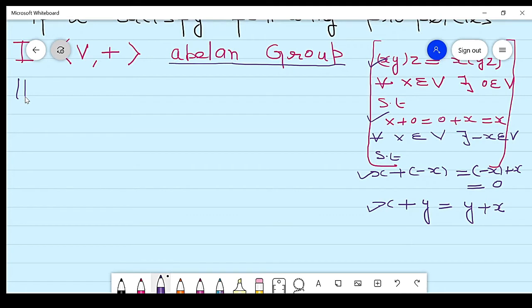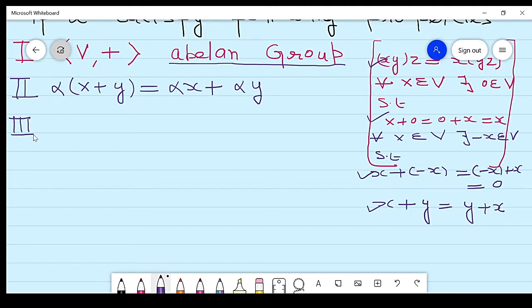And the second property is: alpha belongs to the field, x and y belong to the vector space, so alpha times (x plus y) is alpha x plus alpha y.